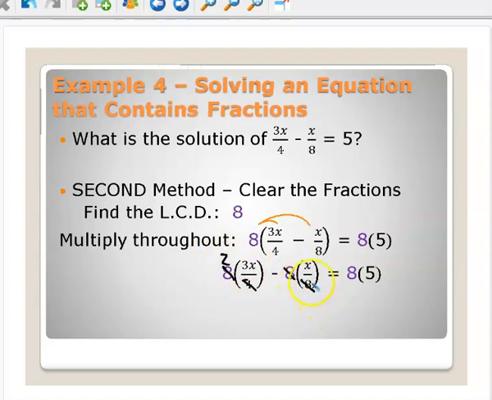They cancel out. Okay, so now 2 times 3x, we get 6x minus the x from the second term equals 40. We'll simplify the left-hand side by combining those terms to a 5x and finish it off by dividing that 5 through, and we found out that x is equal to 8.